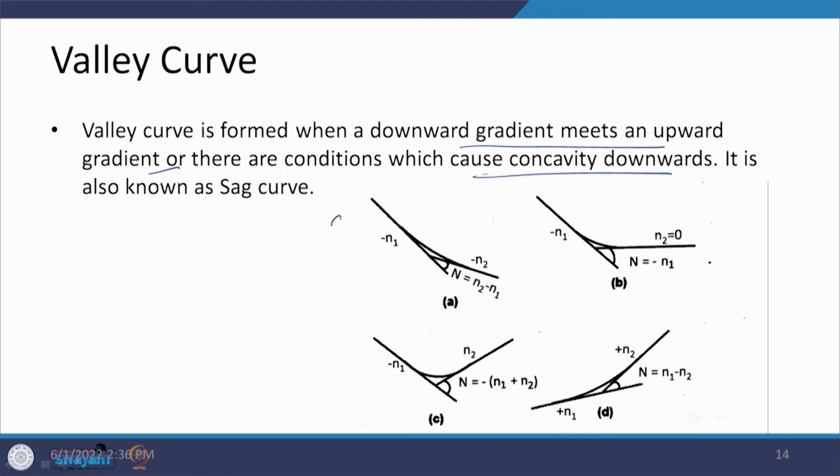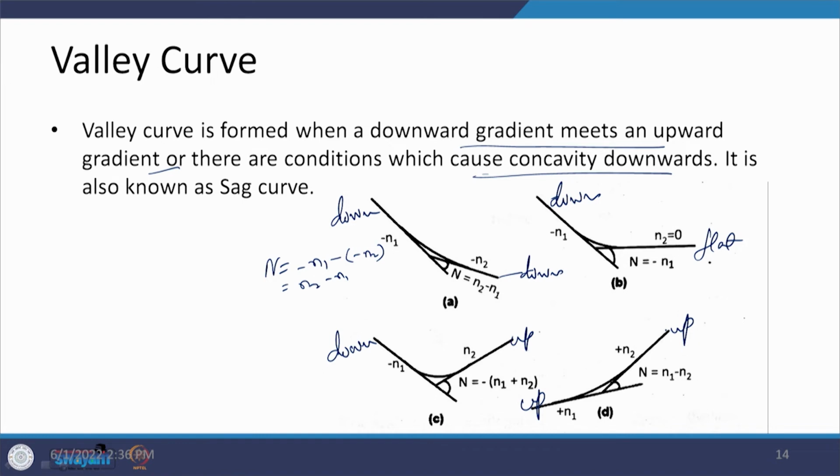Now, if you look at it, this is a down gradient and this is also a down gradient. So, you have minus N1 and minus N2, and that is where it becomes N2 minus N1. The other case is again this is down and this is a flat condition, or this is a downgrade with an upgrade, or there is a flatter upgrade with a steeper upgrade.